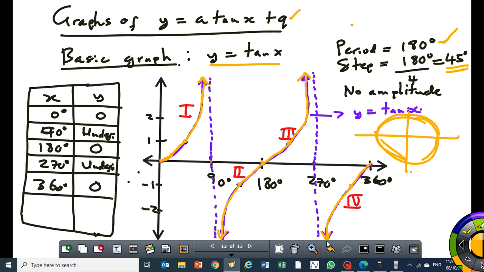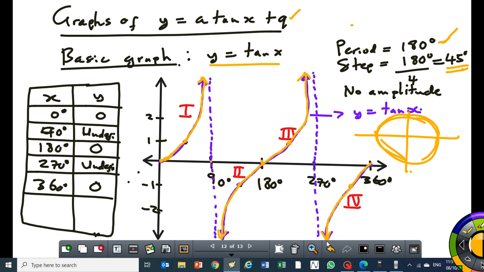Okay? So the tan graph is a little bit complex as compared to sine and cosine. That's why I didn't want to talk about it on Monday. Sorry, on Tuesday rather. It's because it is a little bit unique.